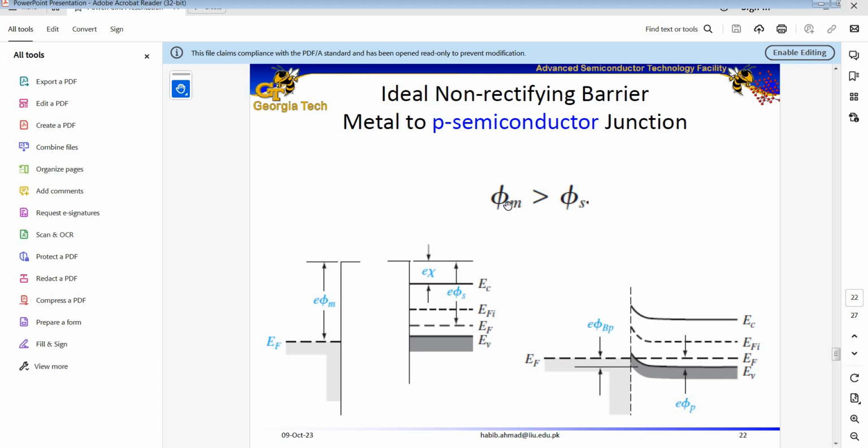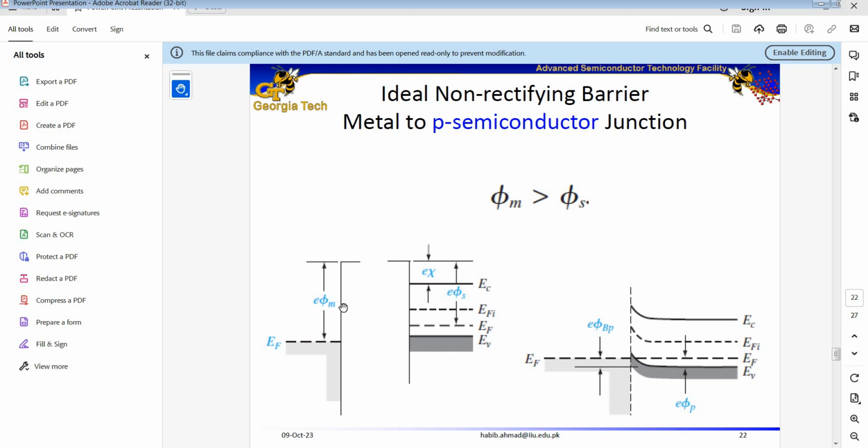So for a rectifying barrier, phi m, or the metal work function, should be less than the semiconductor work function. So let us assume a metal which has a work function of 6. Generally, we don't really have metals where the work function is so high, but platinum has a work function which is close to 6 electron volts.